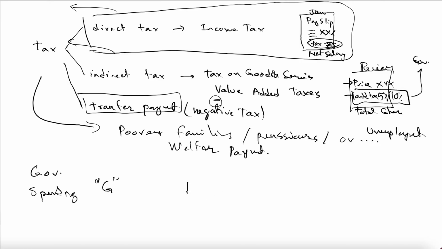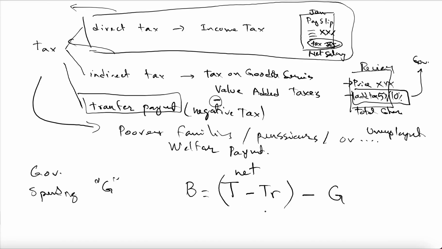So we could say that the budget of the government consists of tax, its net, minus transfer payments. Okay, so this is the net, and minus the spending.